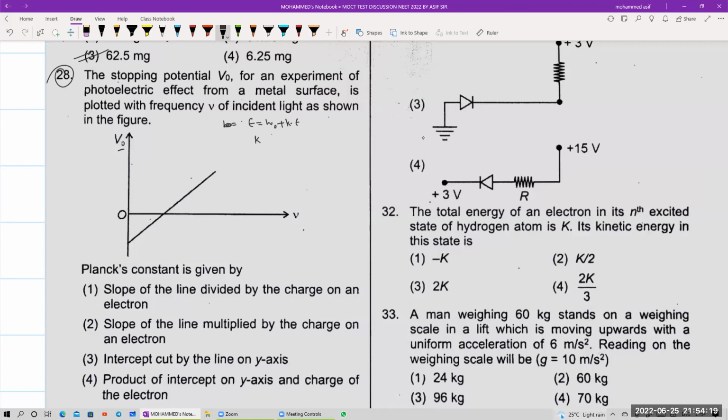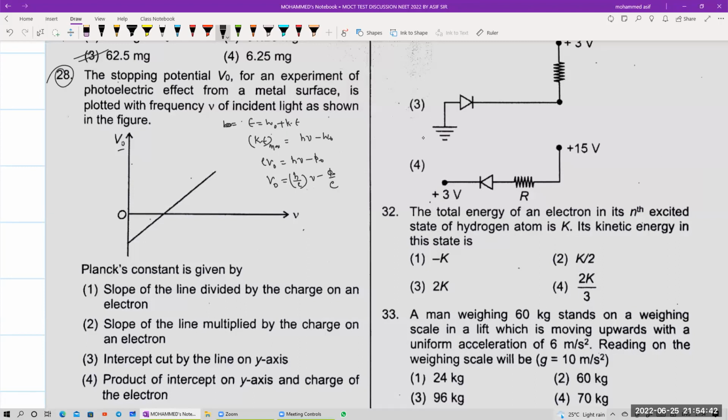So maximum kinetic energy will be equal to h nu minus work function. In terms of stopping potential, I can write e V naught is equals to h nu minus work function. That is, stopping potential will be equal to (h by e) into nu minus work function divided by e.